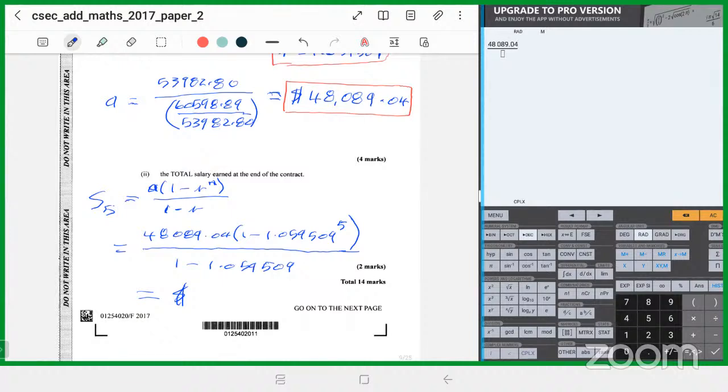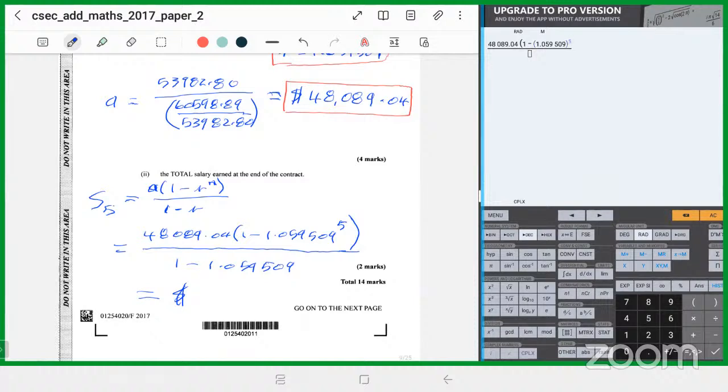So it's 48,089.04 times, I just put the bracket, and that is 1 minus 1.059509 raised to the power 5, right?